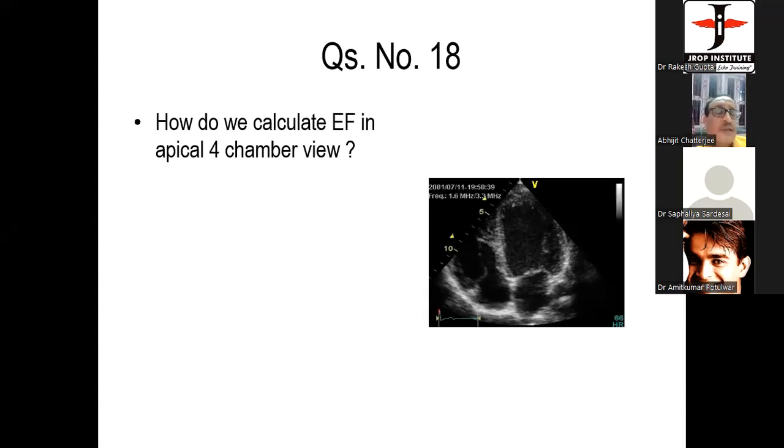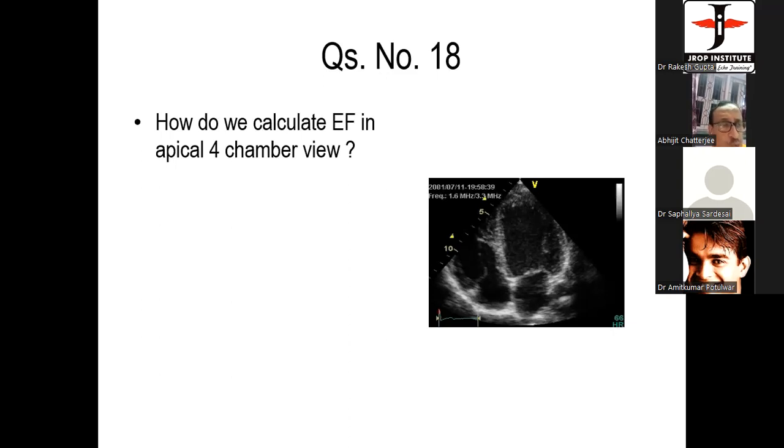I want to measure the area of the right atrium. We trace the right atrium along the interatrial septum, the base, and the end point should be at the base of the tricuspid valve.